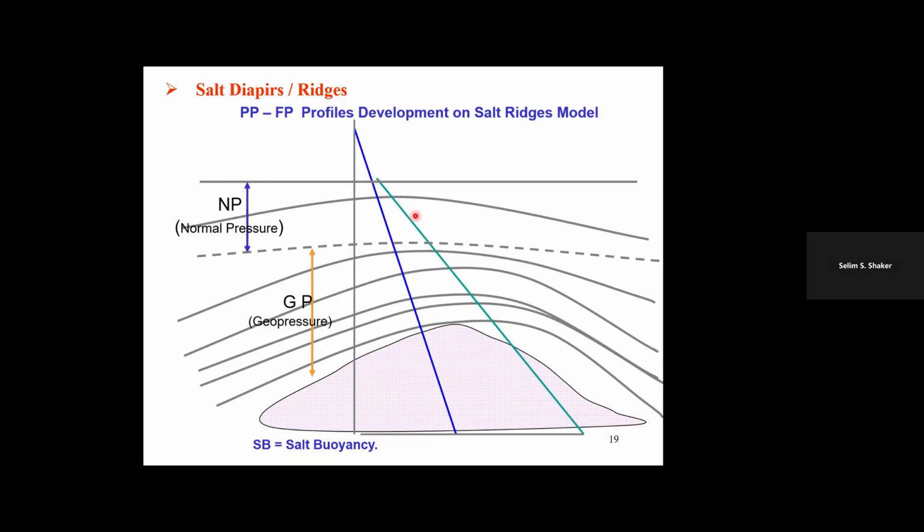What is going to happen to the principal stress because of the interference of the salt? The salt is trying to go up. Here is the salt buoyancy, here is the overburden, here is the principal stress. It is way above the overburden, which is the weight of the sediments. The pore pressure is going to follow suit, and the frac pressure is going to follow the same thing.